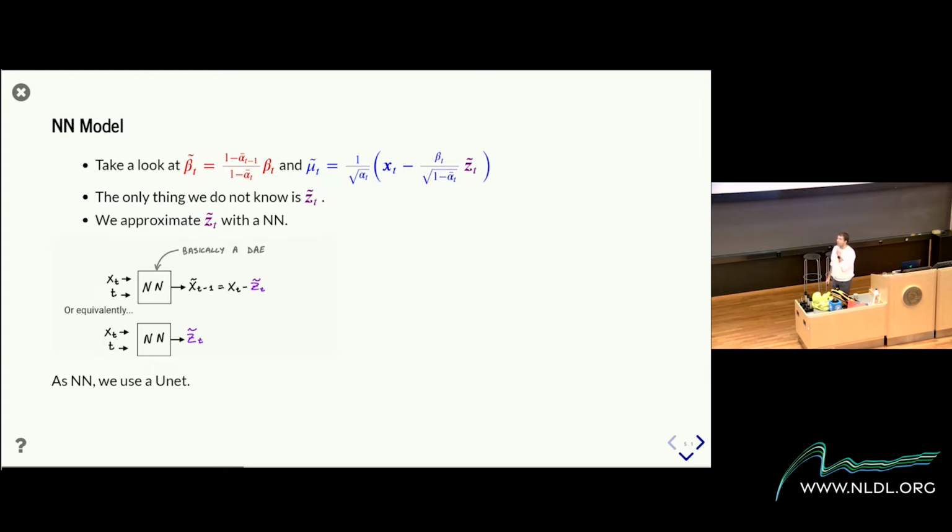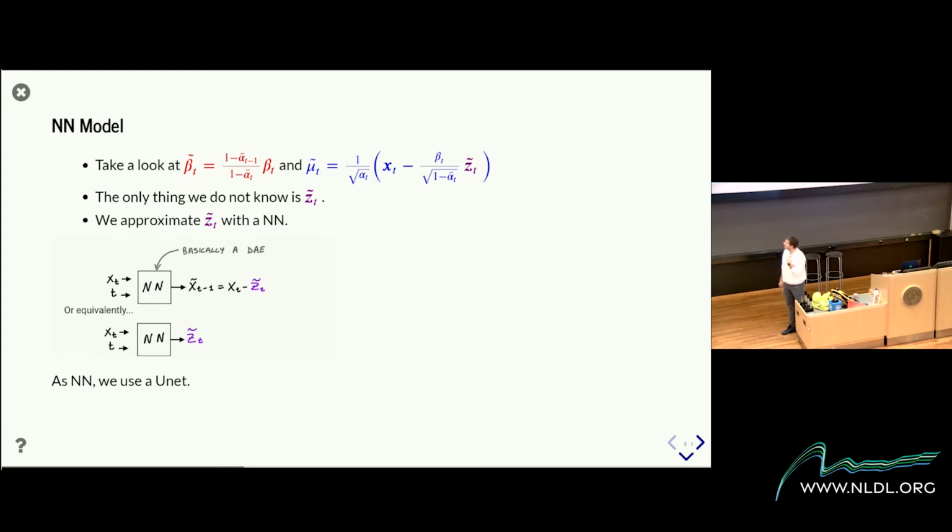So basically, our neural network is something that takes as input x of t and the time t, and spits out x of t minus 1, that is basically x of t minus the amount of noise that was added to x of t minus 1 in the forward process, okay?